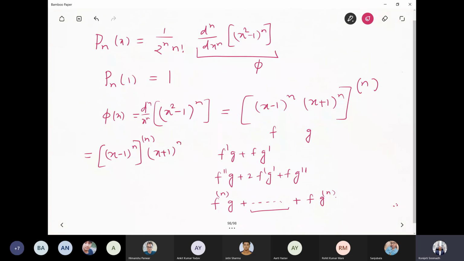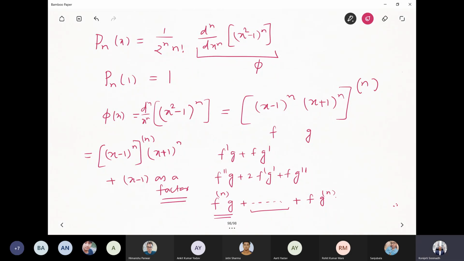This is one term, and all other terms will have at least x minus 1 as a factor, because all of them will have the derivative of (x minus 1) power n at most n minus 1 times. Therefore, when I take (x minus 1) power n and differentiate at most n minus 1 times, x minus 1 will be there as a factor.